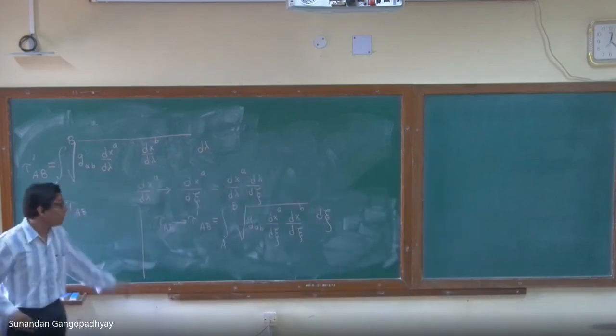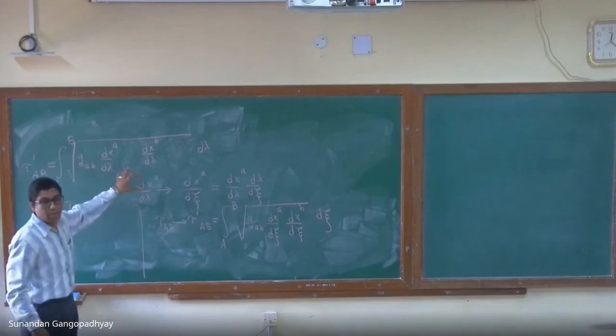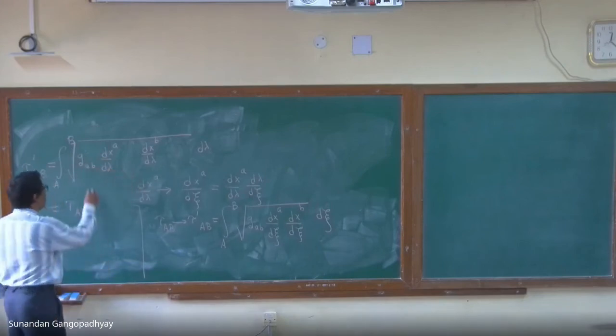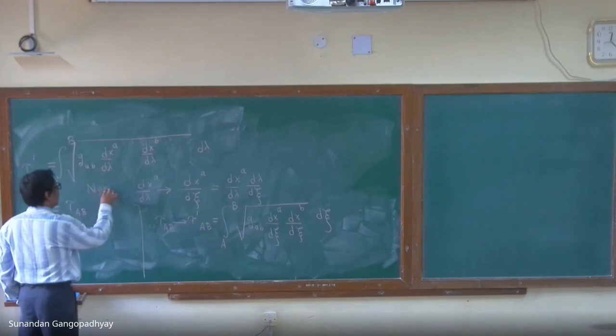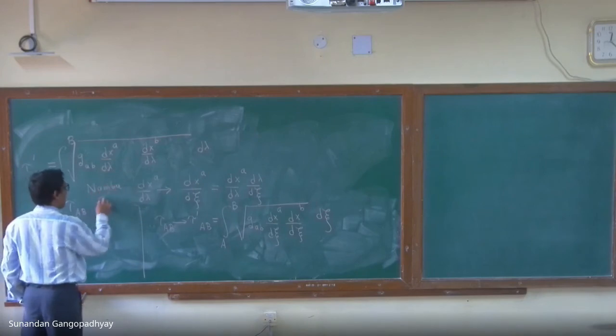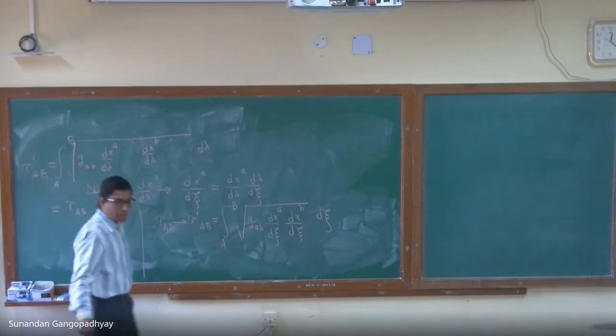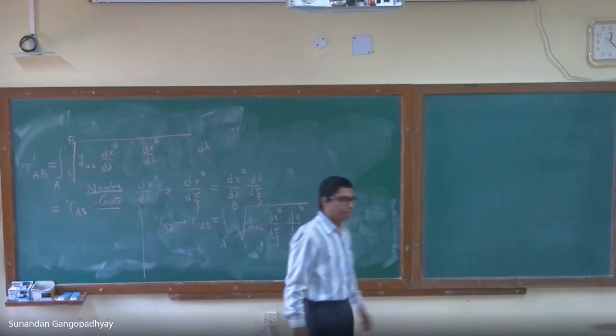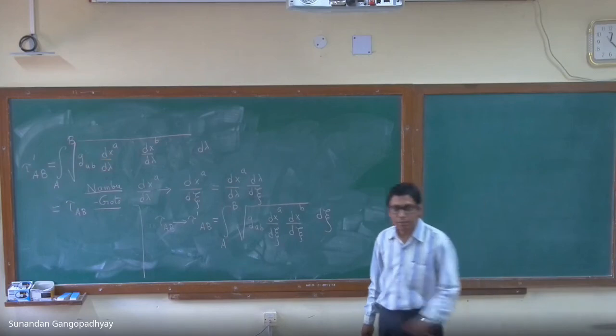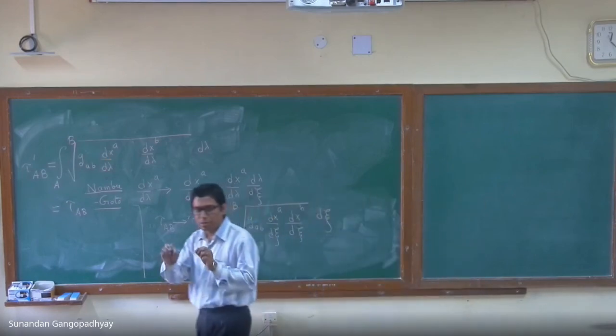You write it down in this square root form. This is actually called the Nambu-Goto form. It's called the Nambu-Goto action for a point particle. But Nambu and Goto actually gave this action for a string.